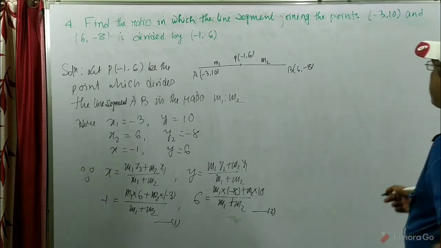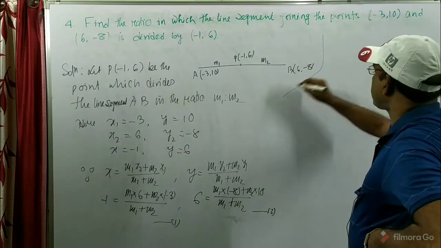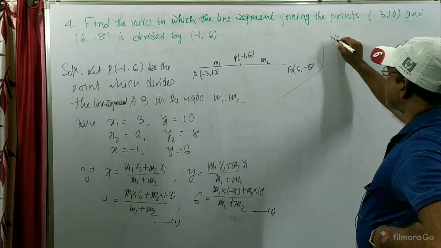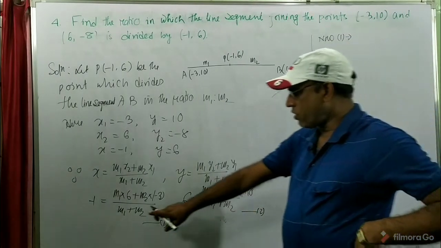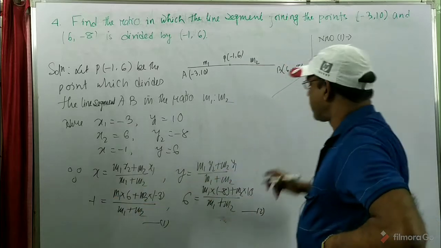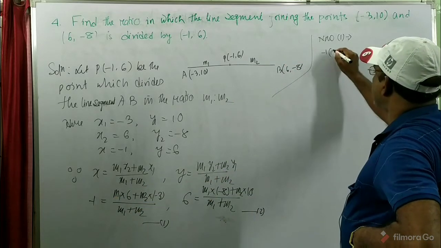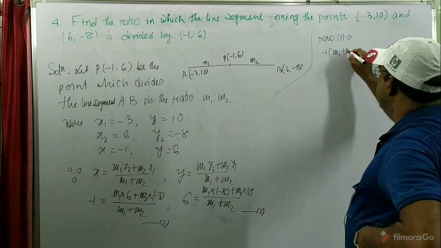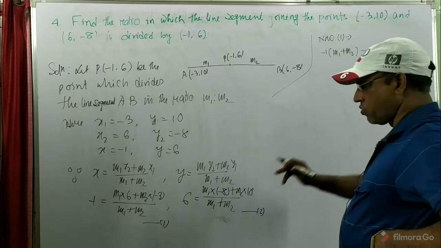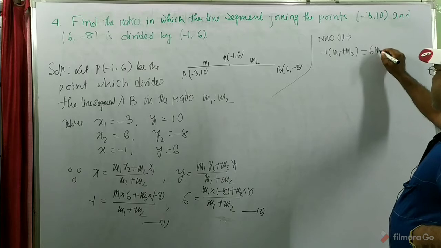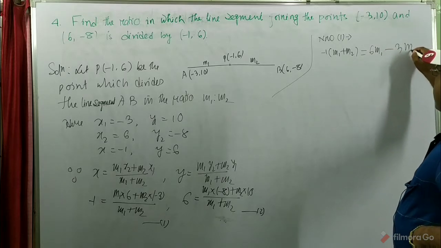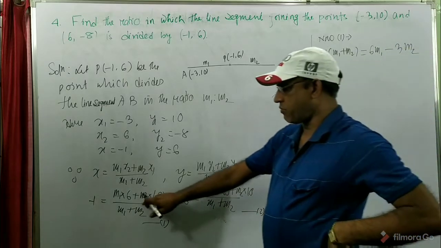Now we want to solve one by one. In 1 we multiply this on the left hand side: -1 into (m1 plus m2) equal to 6m1 minus 3m2.